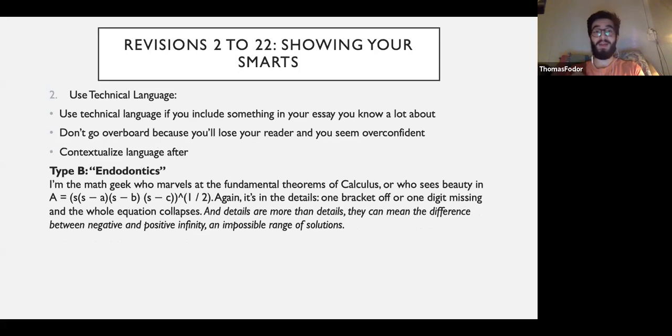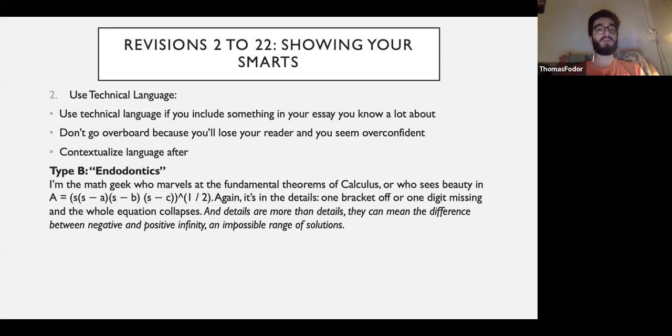What's important though is that you don't go overboard with technical language, because you'll lose your reader, and you might even seem overconfident because you're just spitting out all these phrases without giving any contextualization to them. So in order to solve that, use technical language, but use it sparingly, and also contextualize the language that you use right after you use it.